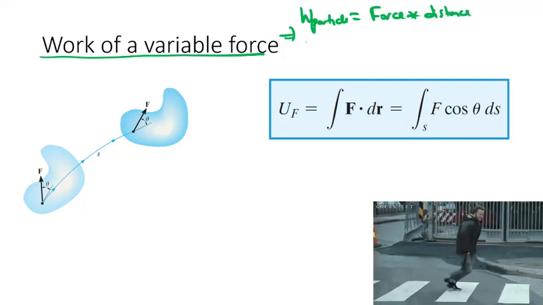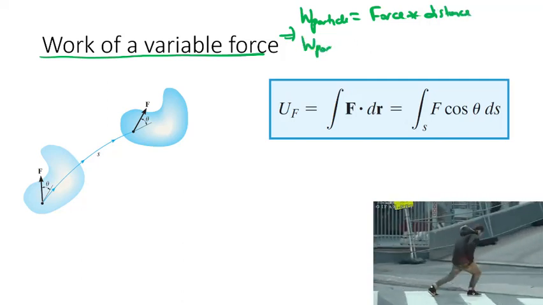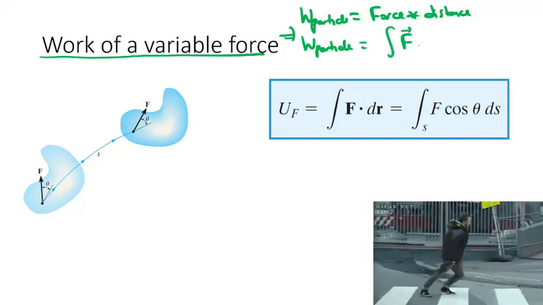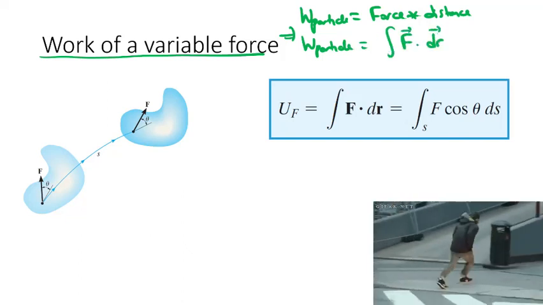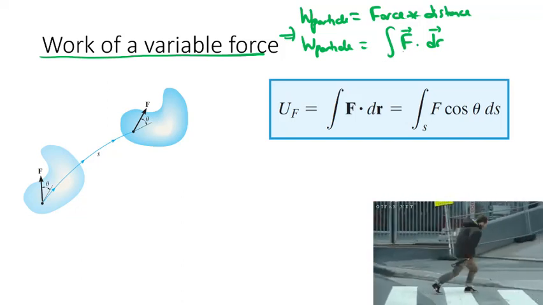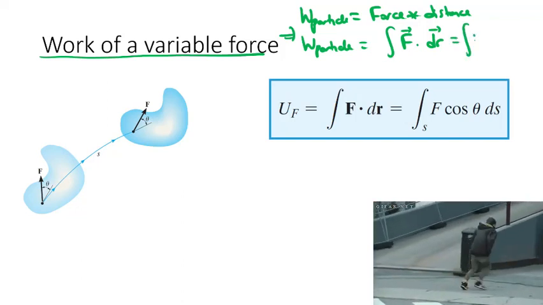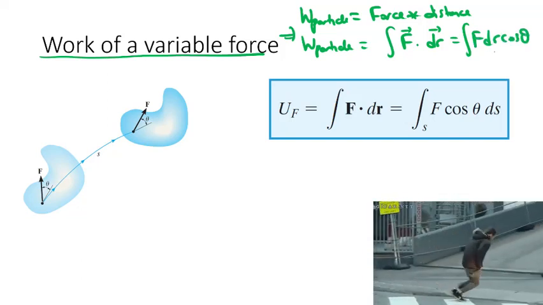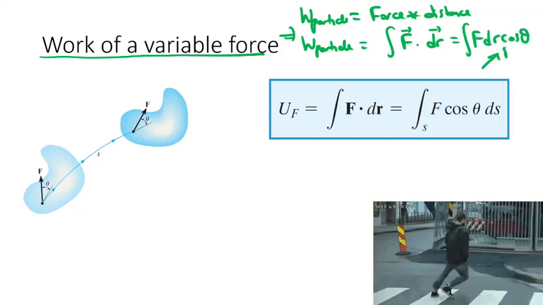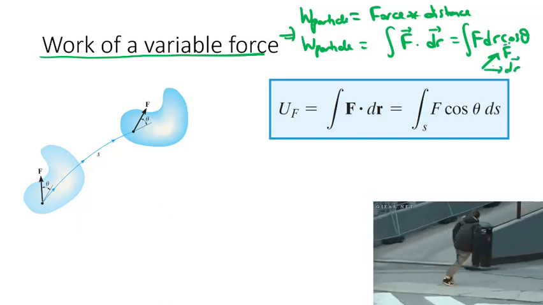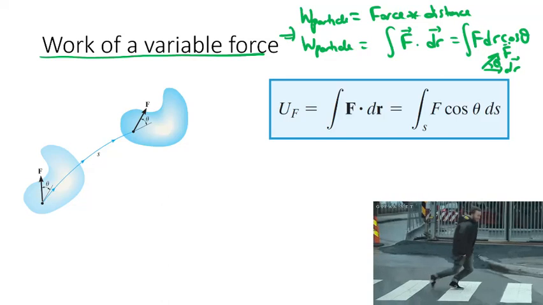But in an integral form, the particle work was the force dot product with the displacement, a small amount of displacement. For any dot product, you can show this as F dr cosine theta. This is the direction of F, and this is the direction of dr, and the theta is here.